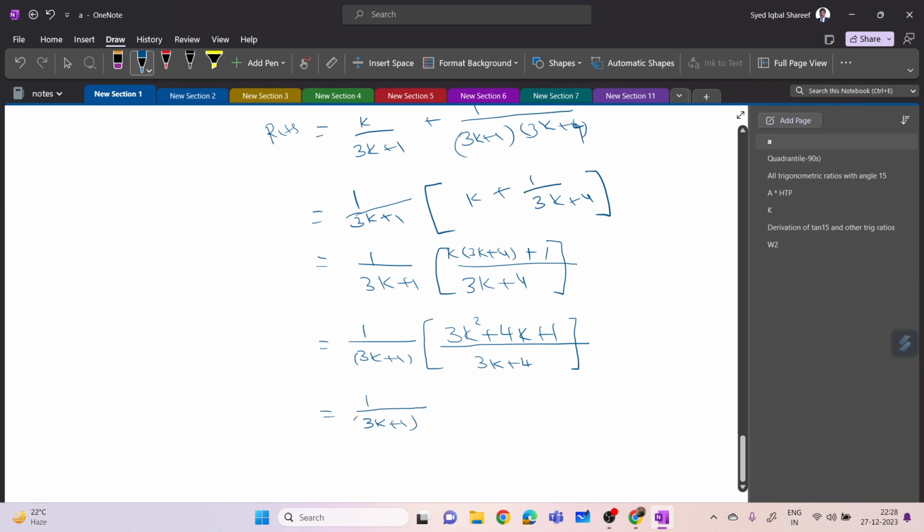This is 3k square plus 4k plus 1. Factors of 3 and 1: 3 plus 1 is 4. We want 4k, so both should be in addition. So 3k square plus 3k plus k plus 1.